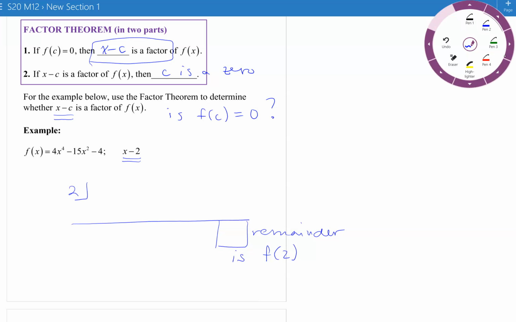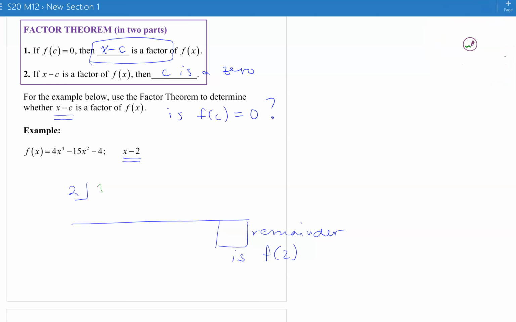So remember when you're using synthetic division that you have to have placeholder zeros for any degree term that's missing. So we have a 4 for the degree 4 term, no degree 3 term, so we need a 0. Negative 15 for the degree 2 term, 0 for the x term, and then negative 4.